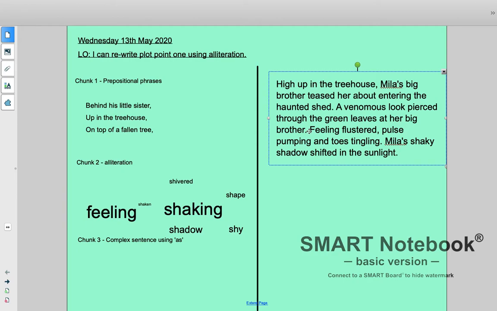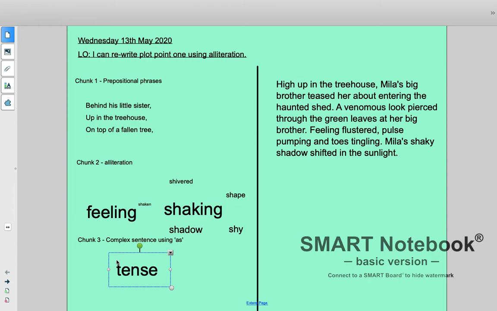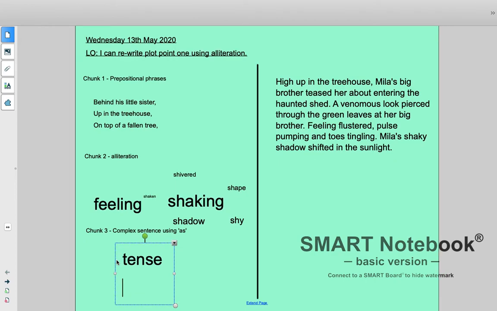Now, I would like us also, in the third chunk, to use a complex sentence, and we're going to use as, okay? So we're going to talk about Mila's brother watching from above, and also talk about how tense the situation is at the moment, okay? Because she's just about to start, about to go off and move towards the haunted house, and that she's nervous as well.